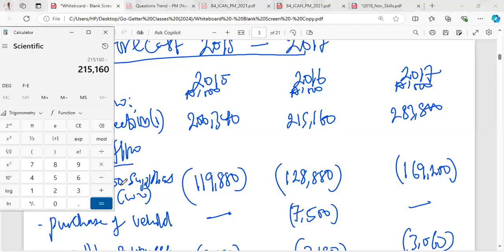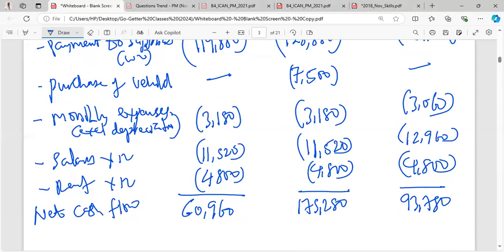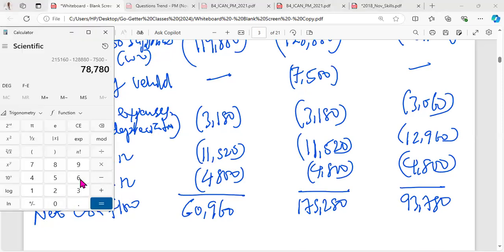215,160 minus 128,880 minus 75 minus 3,180 minus 11,520 minus 48.